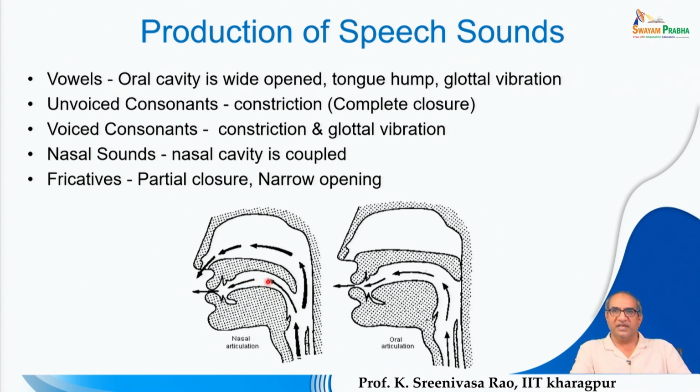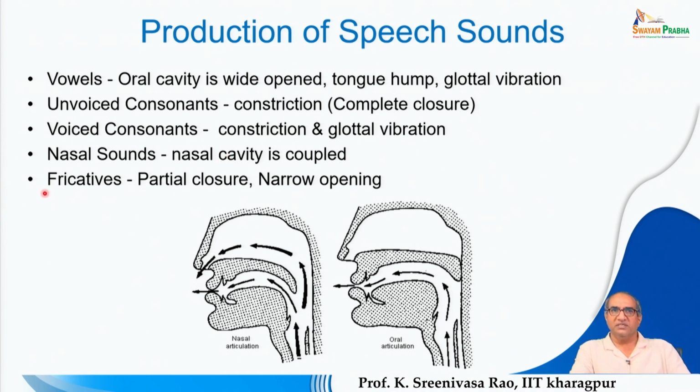So the excitation is not completely propagated through the oral cavity, and therefore there won't be any emission of speech from the oral cavity. The emission of speech is only through the nasal cavity. So that way the nasal sounds are produced. Both the nasal sounds and the vowel sounds are produced due to the voiced excitation, nothing but the vocal folds vibration.